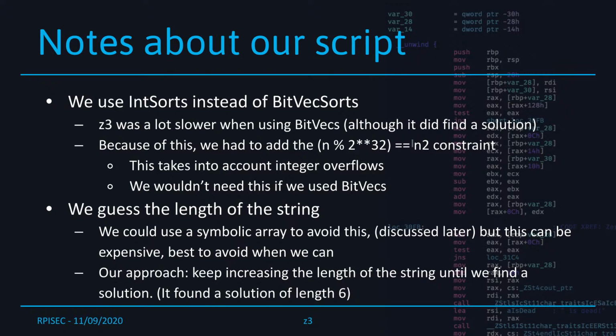We could do that automatically by having a for loop or something like that to check every possible combination until we get a satisfiable result. But because this was a fairly simple challenge, it was possible to just keep guessing and increasing that count until we got a value that would give us a nice clean answer.